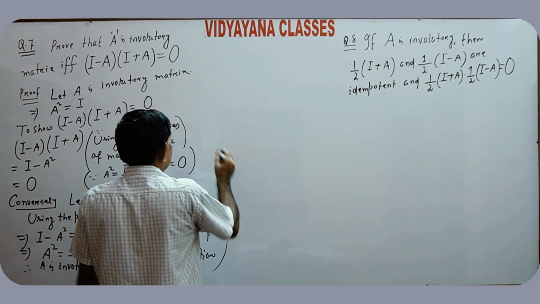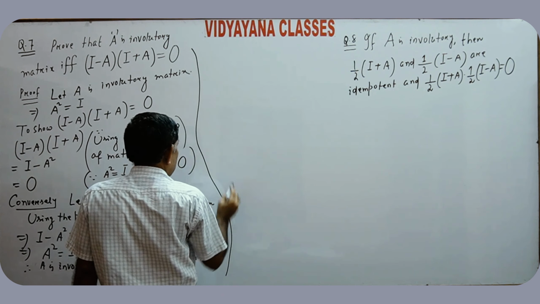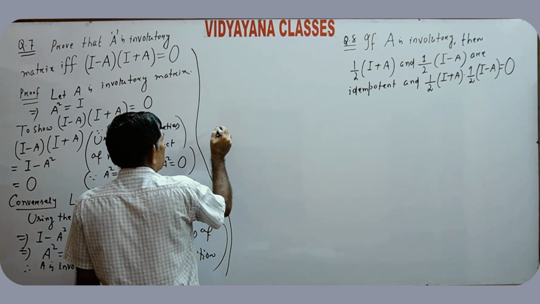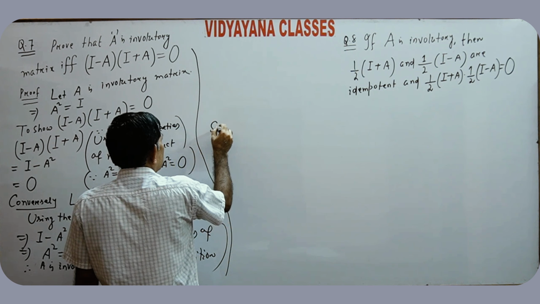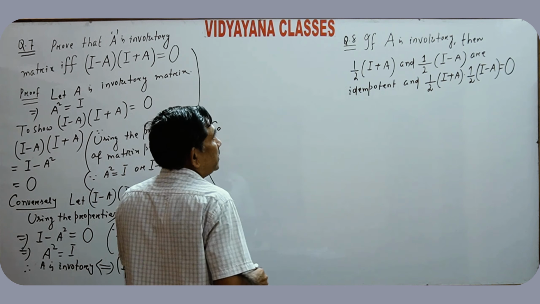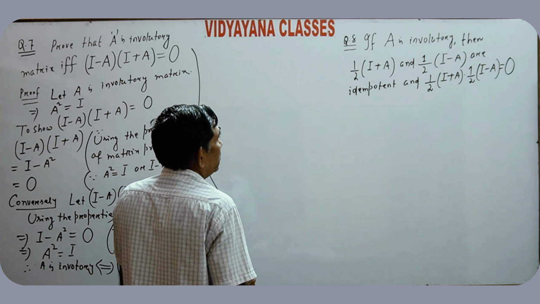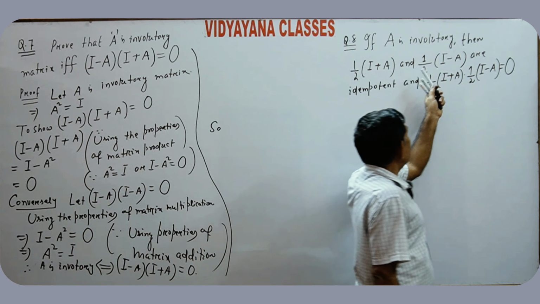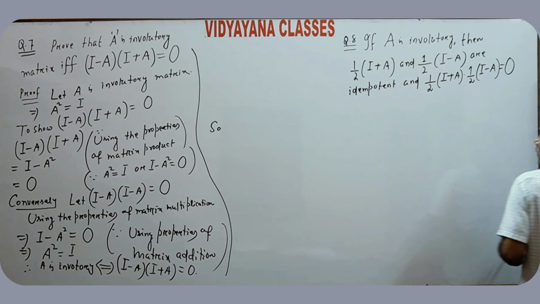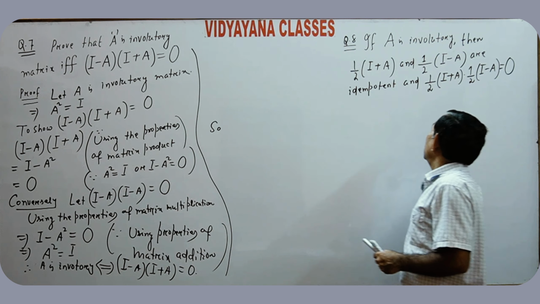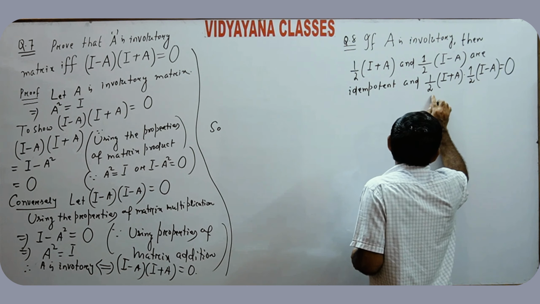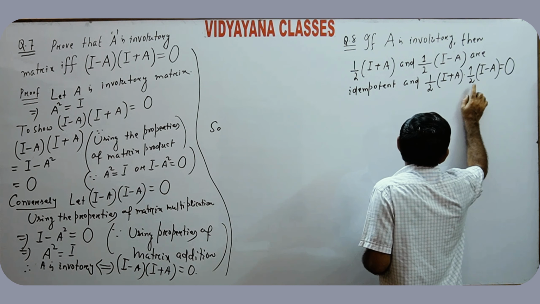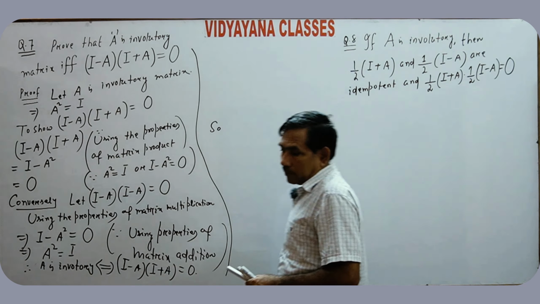Solution. If A is involutory, then half of (I plus A) and half of (I minus A) are idempotent, and half of (I plus A) into half of (I minus A) is equal to the 0 matrix.